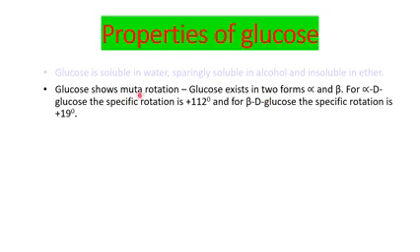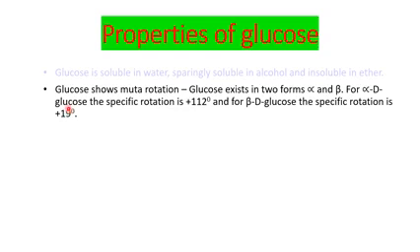So glucose shows mutarotation. Mutarotation is a process in which either the alpha form or the beta form mutarotates, that is, they change into an equal amount of alpha and beta form. For example, the alpha form of glucose has a specific rotation of plus 112 degrees, that is dextrorotation, and the beta form has plus 19.